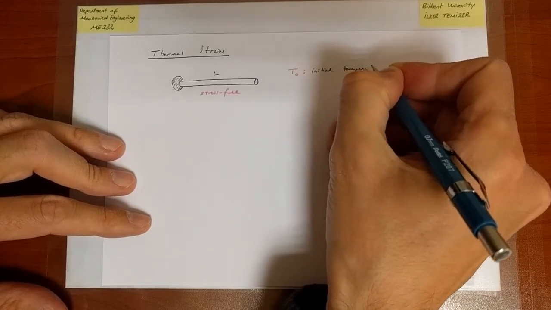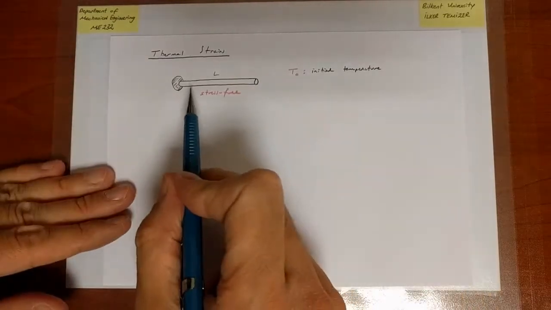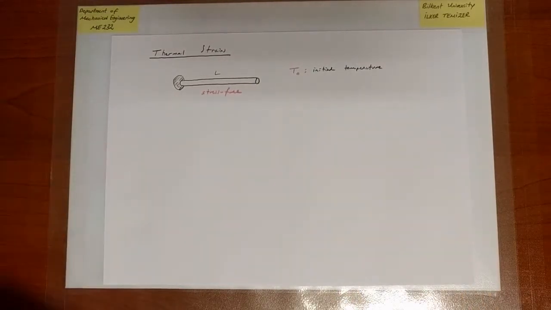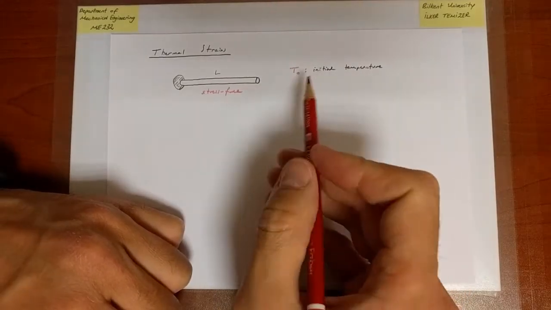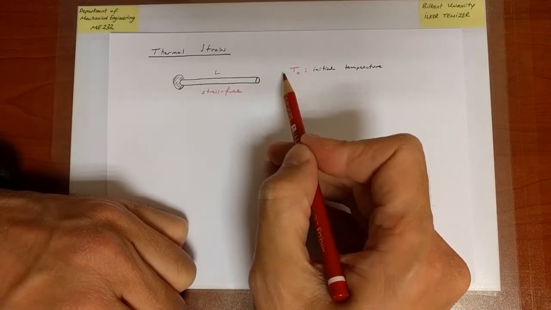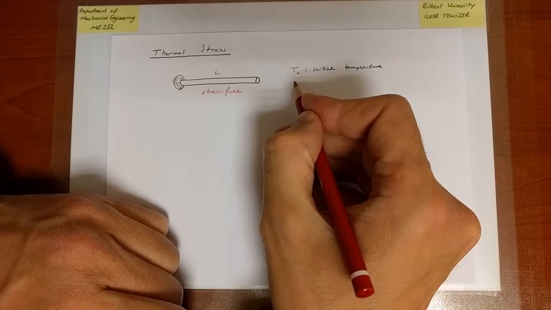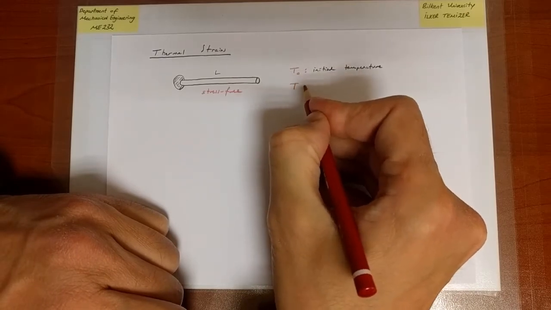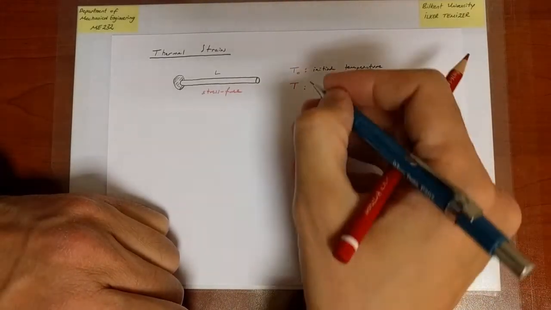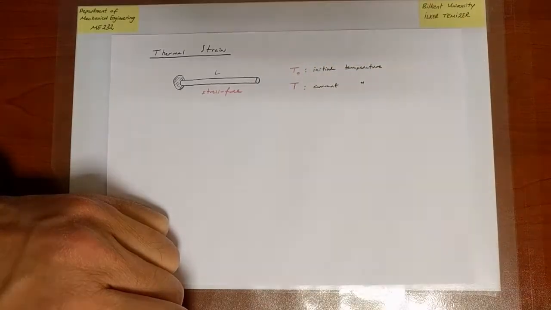The initial temperature, for instance, could be the temperature of the medium that this rod is in equilibrium with from a thermodynamics perspective, but ultimately it will serve us just to calculate temperature changes. In other words, when the temperature eventually will change from an initial value towards some final value. So T would be the current value. So that's the current temperature.